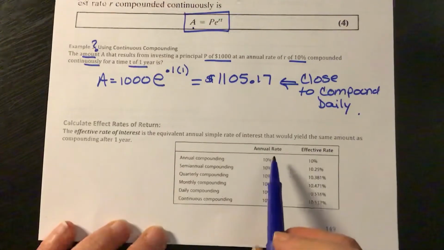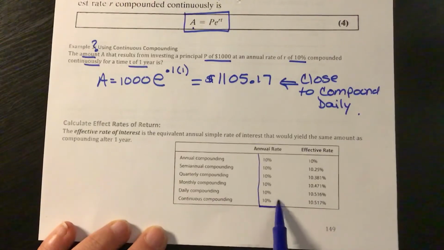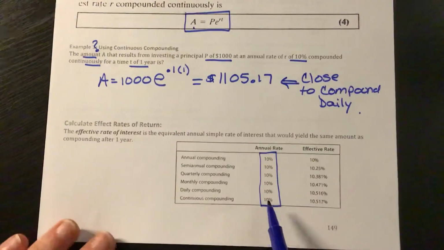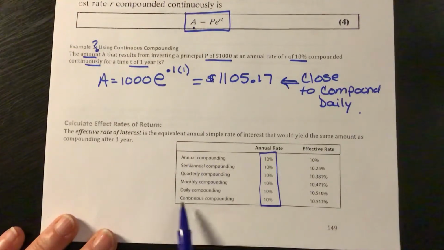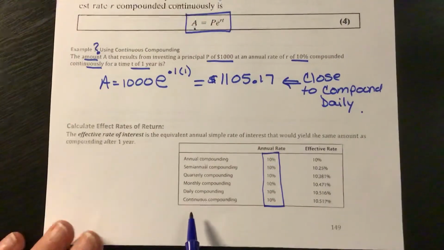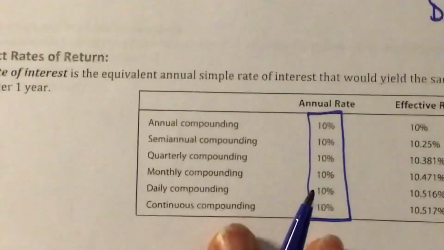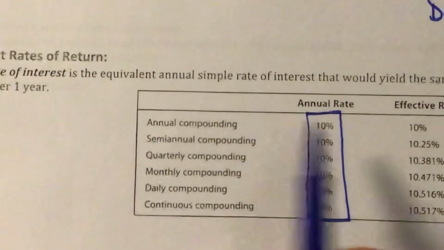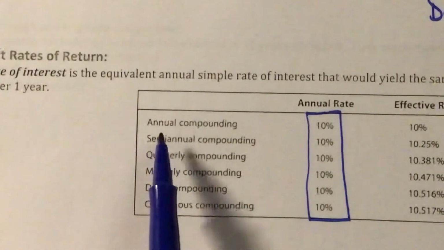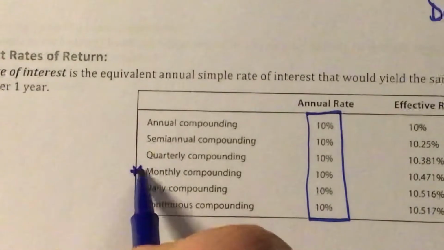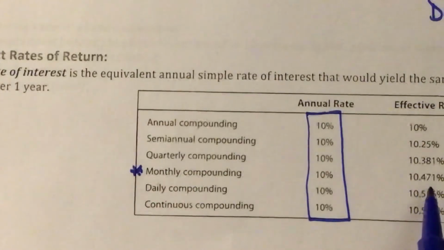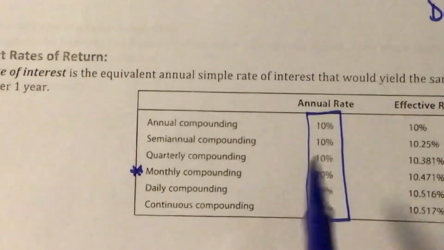But the annual rate that they use is a specific percent, and that's what they'll advertise. But here, this will show the difference depending on how many times you calculate that interest. So if you're going to calculate it only one time during the year, that's your effective rate of interest. But most companies will do this monthly, and you're actually paying almost 0.5% more in interest than they advertise.